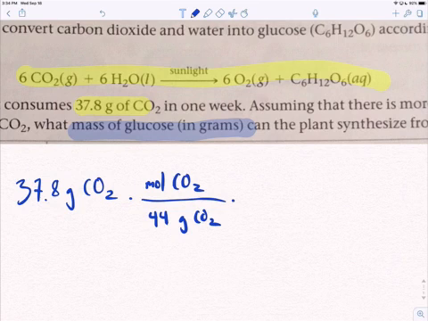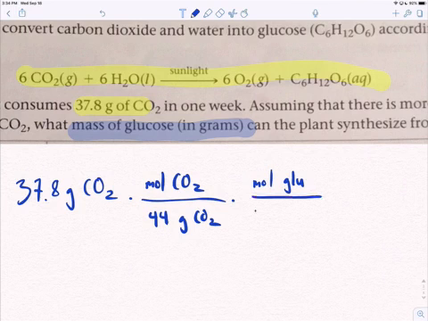And now this is a new step. The new step is here. For every mole of GLU, that's shorthand for glucose. So if you ever see someone write GLU, that means glucose. 1 mole glucose over 6 moles CO2. You get this from the balanced chemical equation, because for every 1 mole of glucose, it requires 6 moles of CO2.